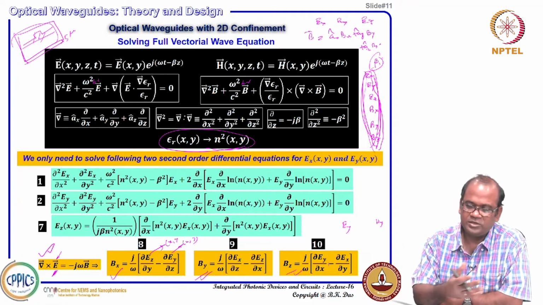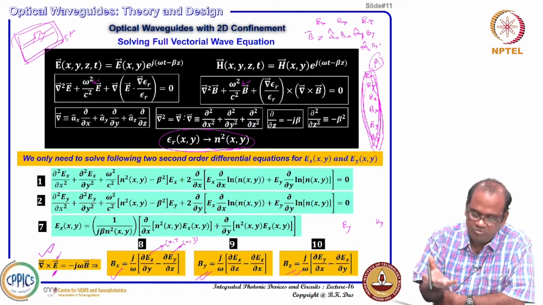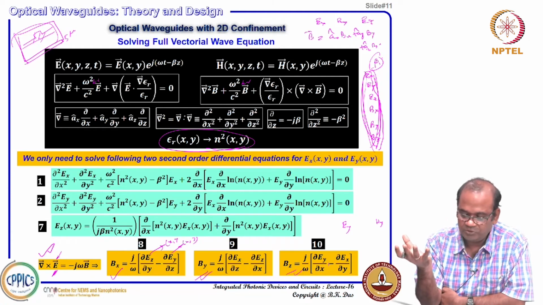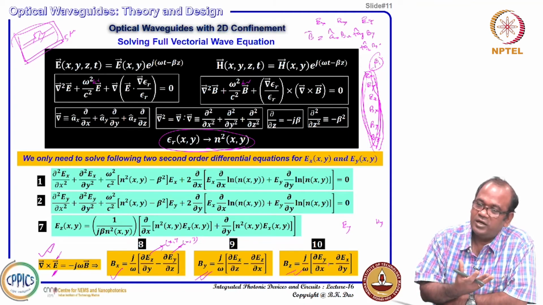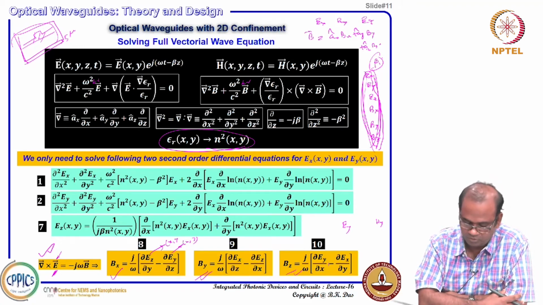Nevertheless, nowadays I think plenty of companies are offering this type of mode solver. If you are very passionate about developing software, you can use your skill to develop your software to solve for electric field components, mode solutions as well as their propagation constant eigenvalues.